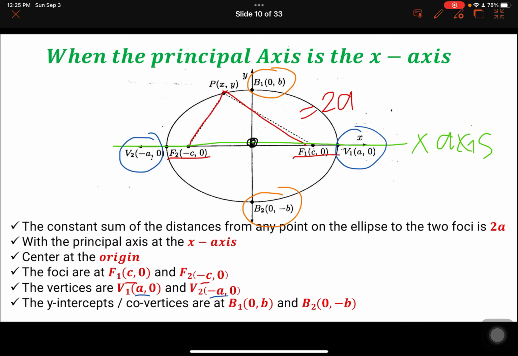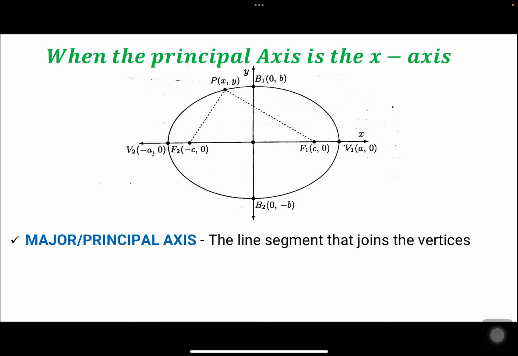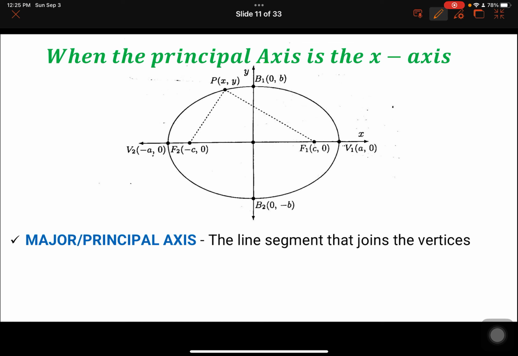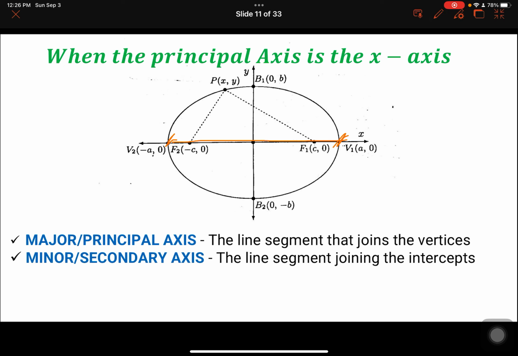Next. Aside from that, the major principal axis is, please take note, no? The line segment that joins the vertices. Itong part na yan. Okay? So, from this point up to this point. Next. Minor axis or the secondary axis or tinatawag natin conjugate axis.